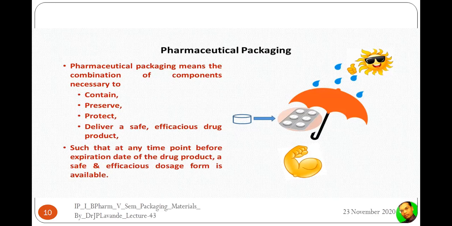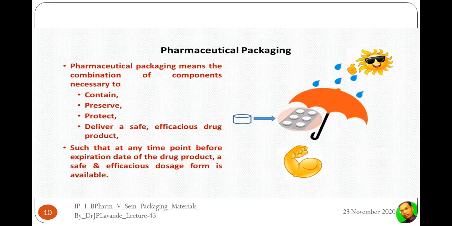Now, this packaging should be such that at any time point before the expiration date of the drug product, a safe and efficacious dosage form should be made available. So stability, safety, and efficacy, these three purposes are going to be achieved by suitable packaging.